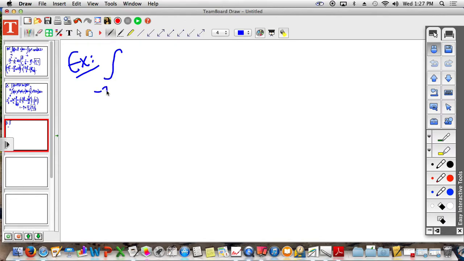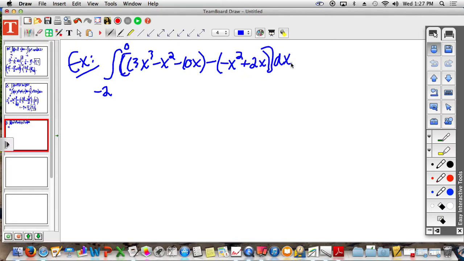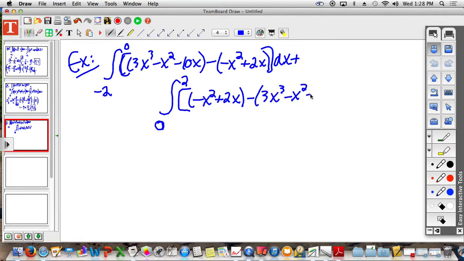We had to find the integral from negative 2 to 0 of 3x cubed minus x squared minus 10x minus negative x squared plus 2x, dx, plus, and we had another integral that went from 0 to 2, and that was negative x squared plus 2x minus 3x cubed minus x squared minus 10x dx.